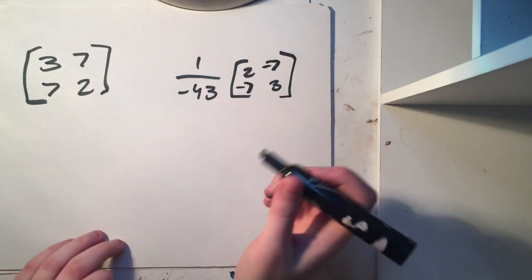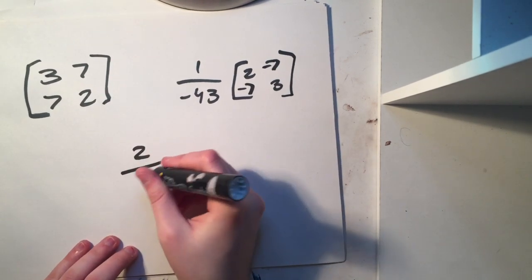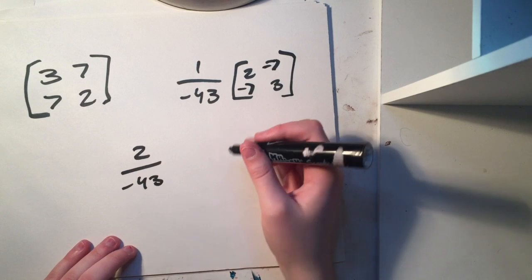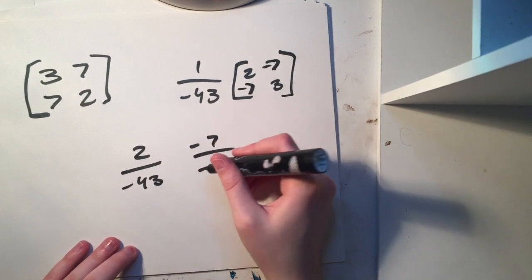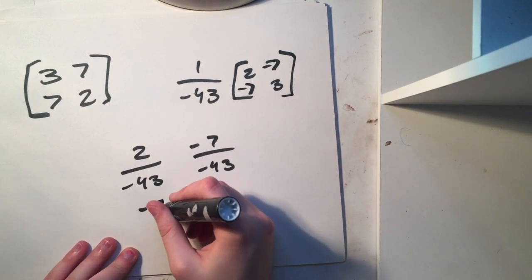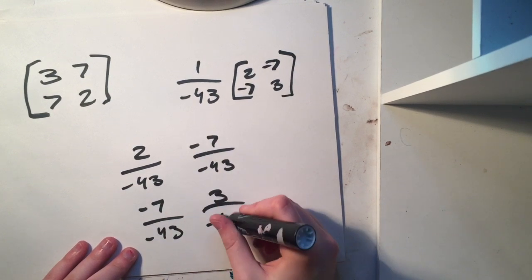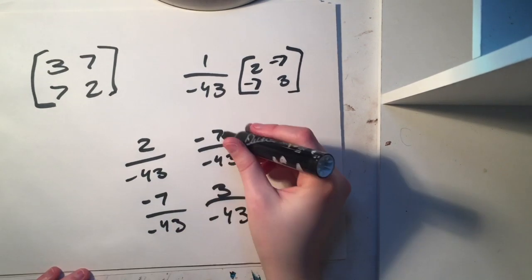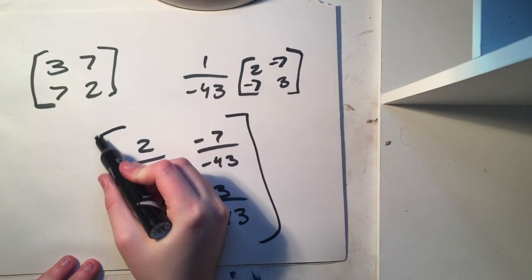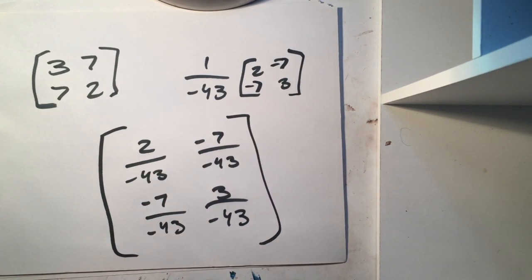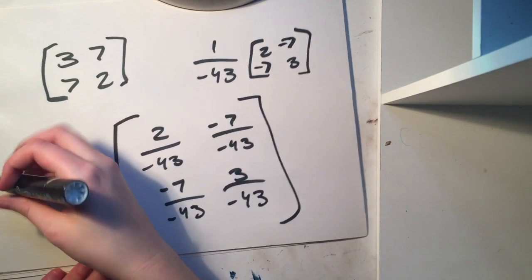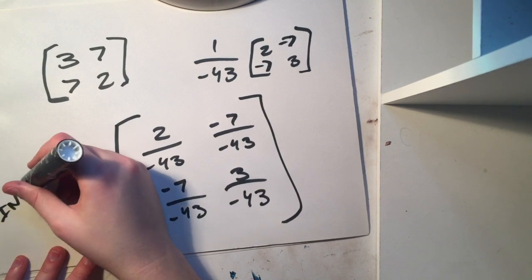And then we just multiply it out. 2 over negative 43, negative 7 over negative 43, negative 7 over negative 43, and 3 over negative 43. Very simple, very easy. And that gives us our inverse.